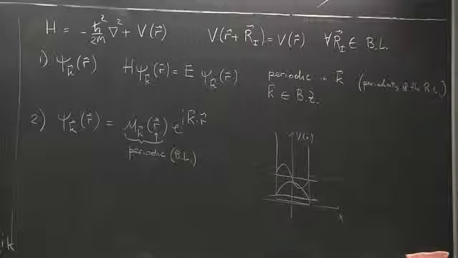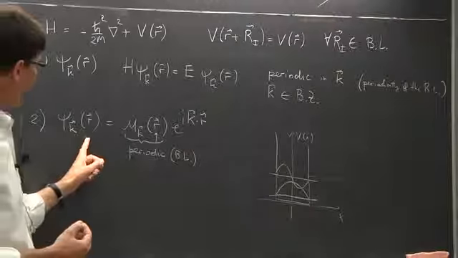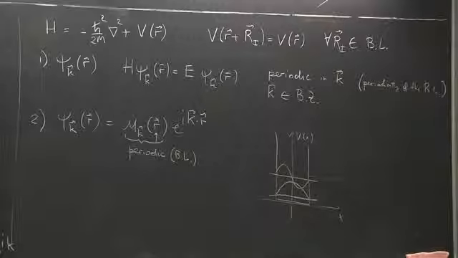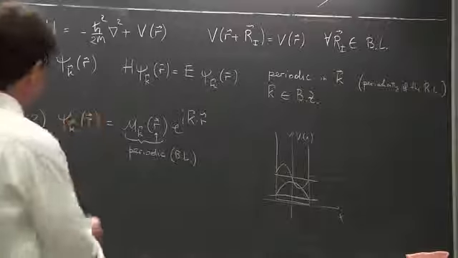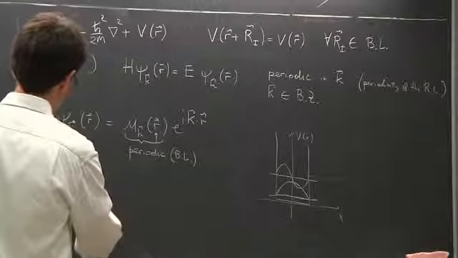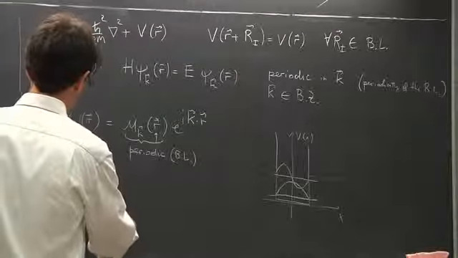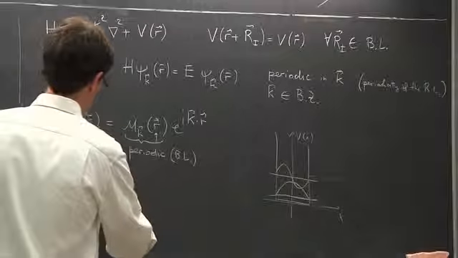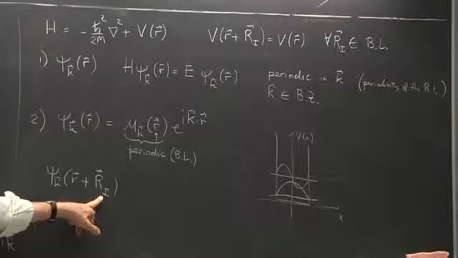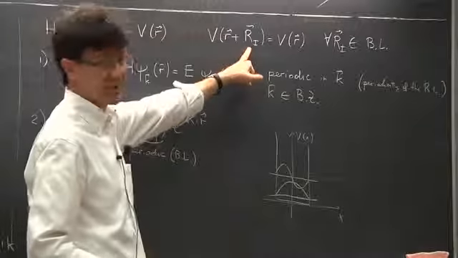Just go back to your quantum mechanics textbooks and you'll find the full description. What are the properties of wave function solutions of a Hamiltonian with a given symmetry? They don't necessarily have that symmetry, but they have something else. Suppose that I apply to my wave function an arbitrary translational vector, translating by a Bravais lattice point.